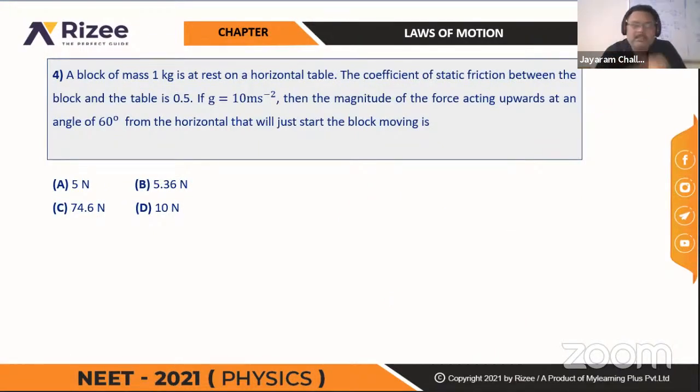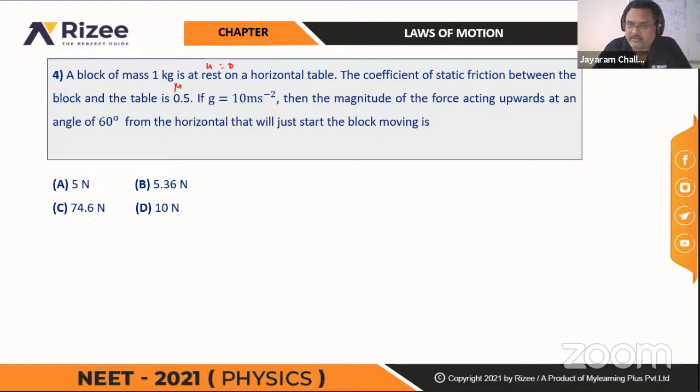Next one, a block of mass 1 kg is at rest on a horizontal table. Coefficient of static friction between the block and the table is 0.5. So the mu value is given, and it is at rest, meaning initial velocity is equal to 0. Acceleration due to gravity is 10 meter per second squared.